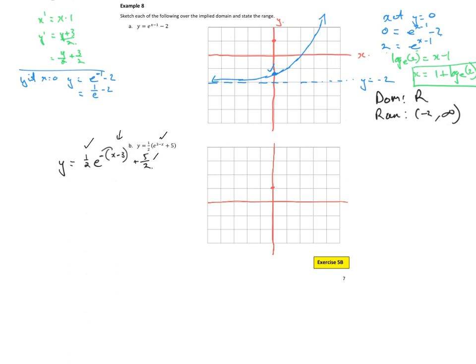Okay, now I'm going to start doing a few things. Let's move my asymptote. Can I just erase those? Now that we've got the basic shape, I'm going to move my asymptote up 5 on 2, which is 2.5. So what if we just move the asymptote to there?